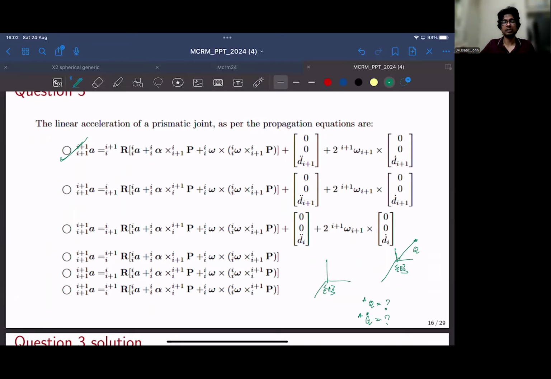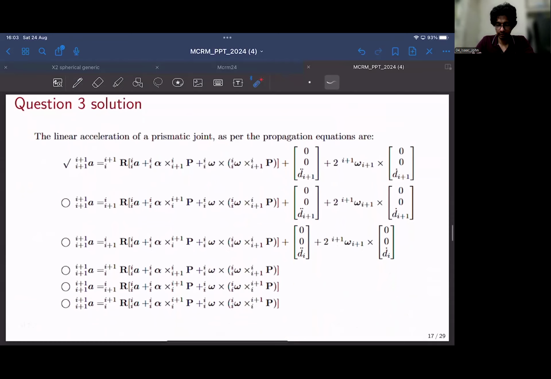From here we develop the equations for angular velocities and accelerations, as well as linear velocities and linear accelerations. All these equations can be derived by analyzing this fundamental problem, and we derived a few of those in the previous lectures. For the current lecture, unless someone makes any specific requests or queries, we don't plan to do that.